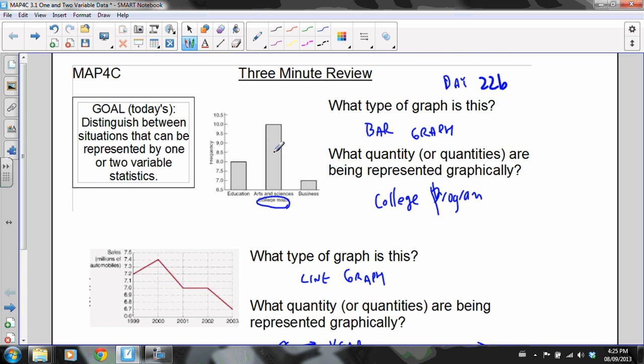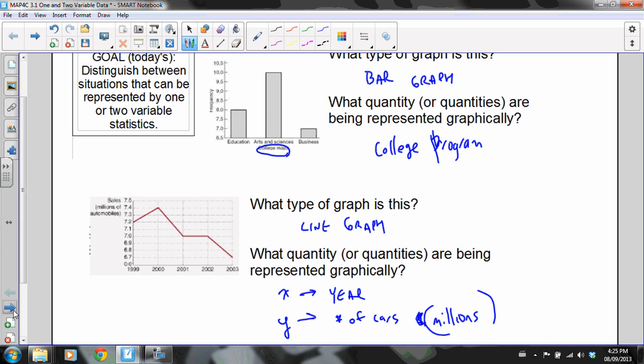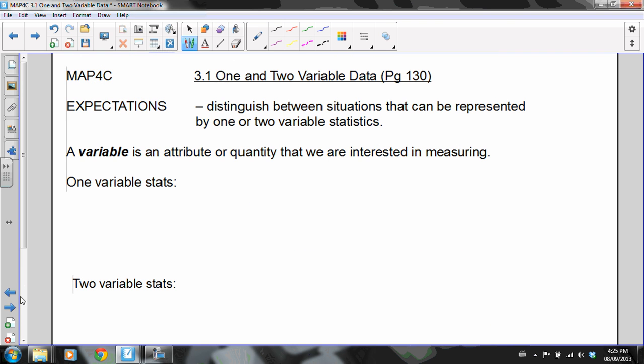And we can see the first one, it was only one variable that we are interested in, is what college program you're in. This is today's stuff. All right, on to the note, the lesson, which essentially the 3-minute review had it. Distinguish between situations that can be represented by one or two variable statistics.